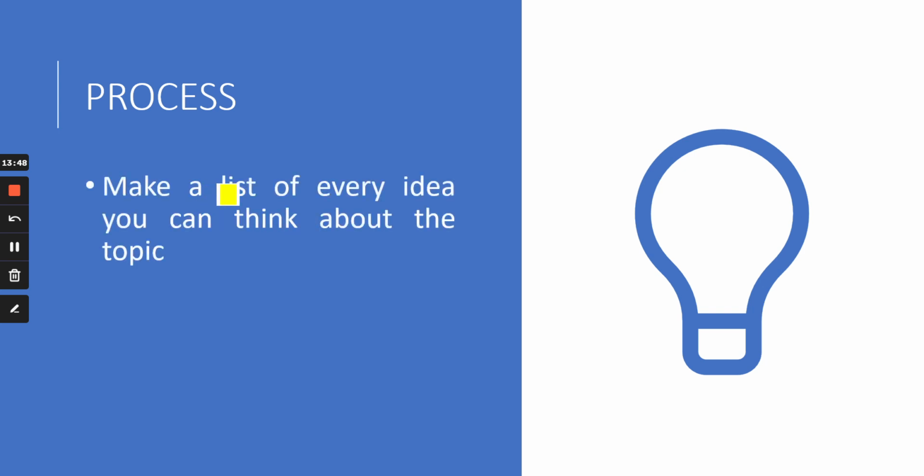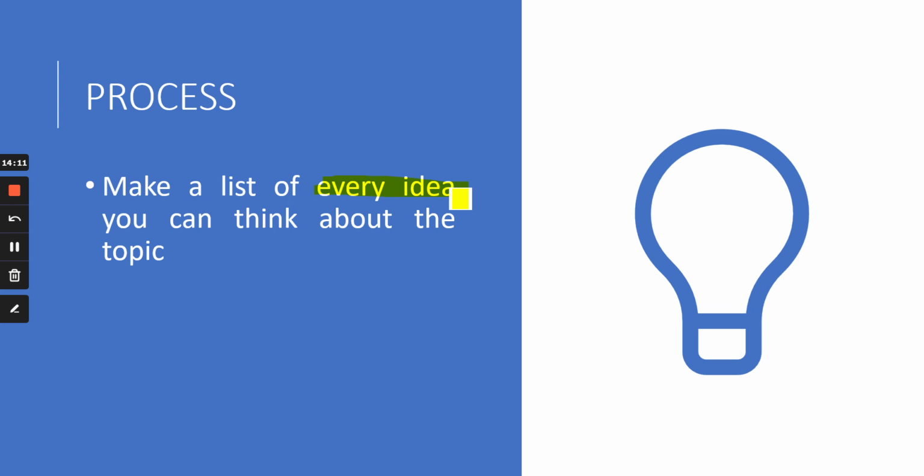Okay, so there will be a topic. Now make a list. So in brainstorming, you have to use a pen and paper, or it can be pencil and paper, but you have to make a list. So make a list of every idea that is coming to your mind when you look at the topic. Every idea, whatever ideas you get.